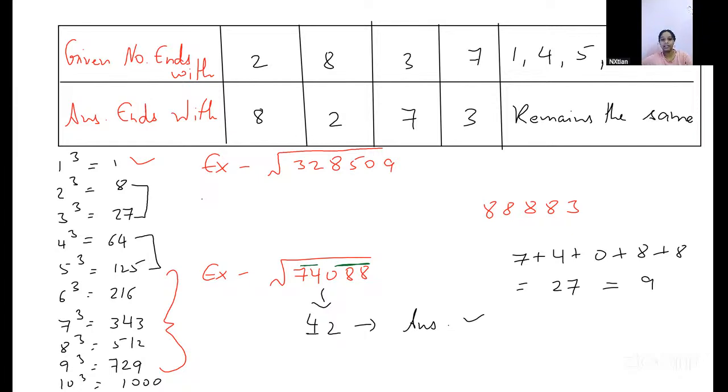Find the digital root and check. It's 8. Okay. Make a pair of 883 and 88. You can solve it, okay?